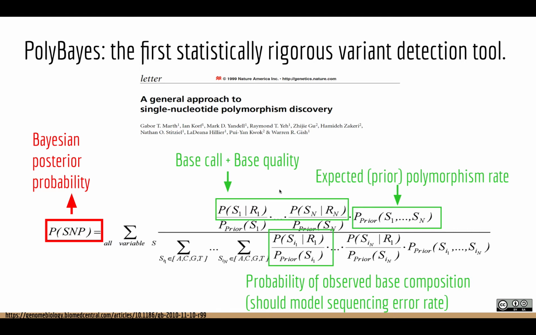Bayes' rule is really signal divided by noise. Signal is the data supporting the hypothesis that it is a SNP, and in the bottom of the equation, the probability of that same apparent signal just being noise. So you can think of it as a signal to noise ratio, and that ratio loosely becomes the posterior probability.